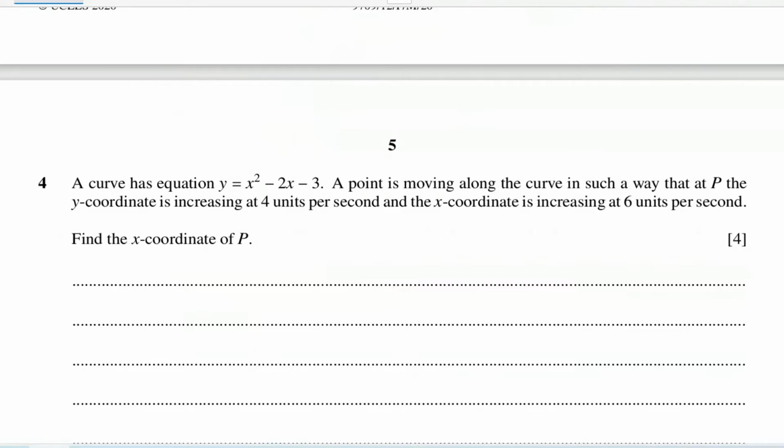So that is dy by dt is 4, and x coordinate is increasing at 6 units per second. So dx by dt equal to 6. Okay, so find the x coordinate of P.